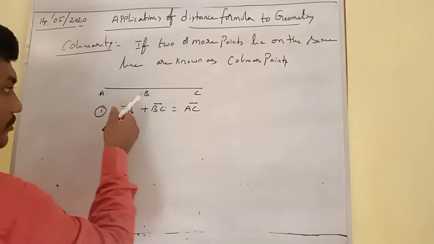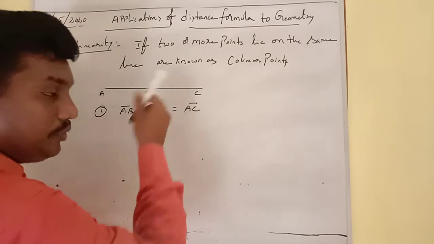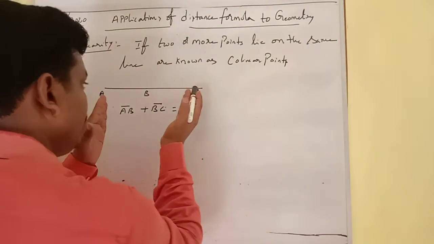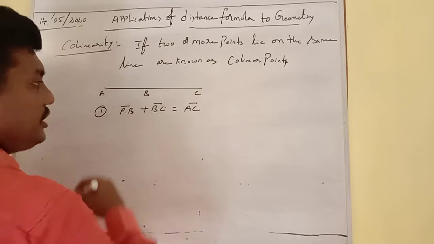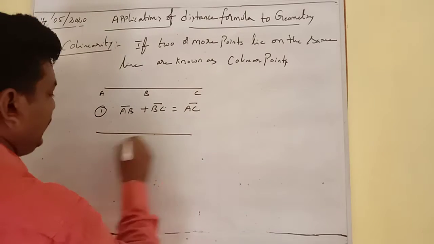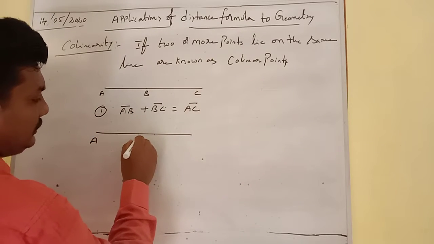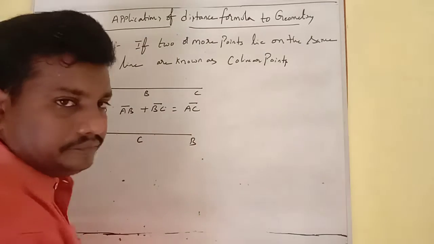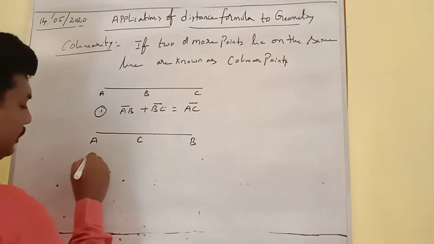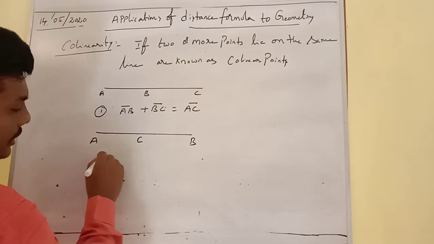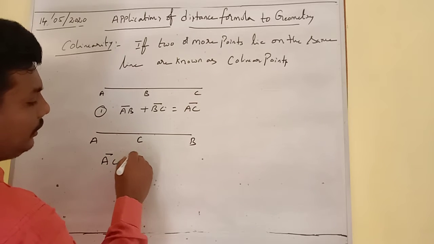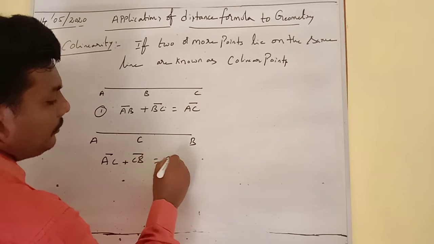Suppose A, B, C are changing in their positions. Let me take this is A, this is C and this is B. Now in this situation AC plus CB is equal to AB.